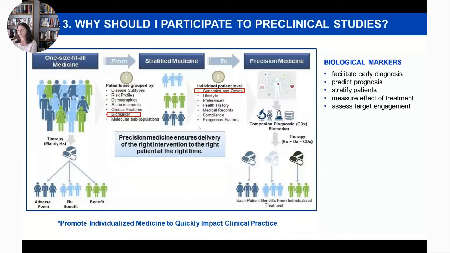These biological markers are super important to facilitate early diagnosis and confirm diagnosis, but also to confirm how the disease will progress, and to be able to group the patients, like I said before, and measure the effect of a treatment, and also see whether or not a target is working, is actually doing what it's supposed to do. And we also use that precision medicine to develop therapeutic treatments. We target specific drug or small molecules, or we use gene therapy to do that.